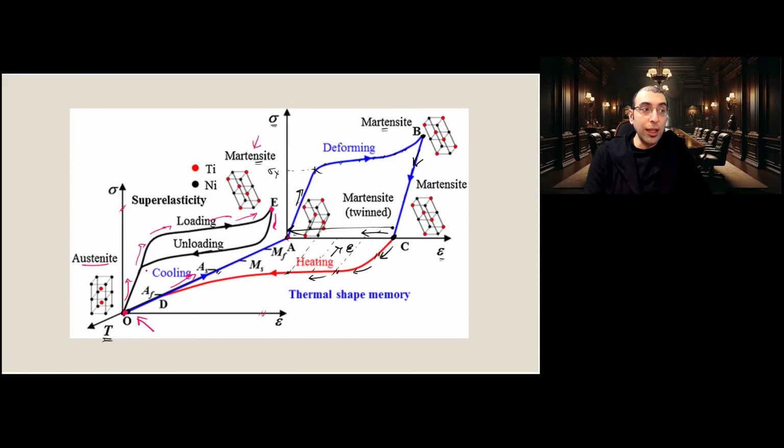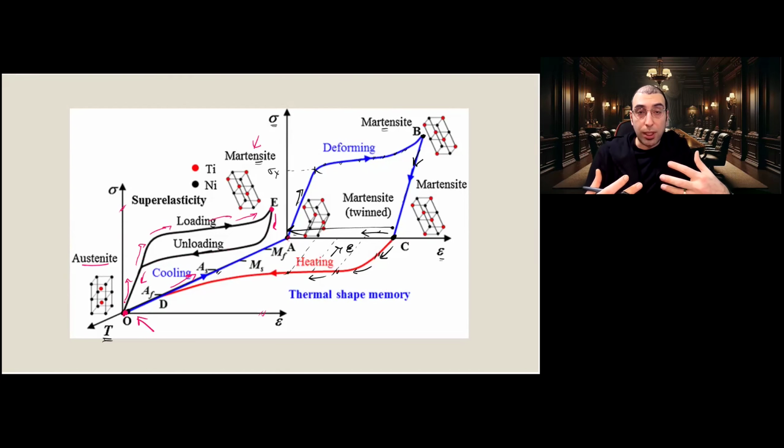So it fully recovers by itself down to point O again. So you load and you unload, and you directly go back to your original shape, and that's because you are above AF, you are at the high temperature austenite phase, and it recovers by itself.